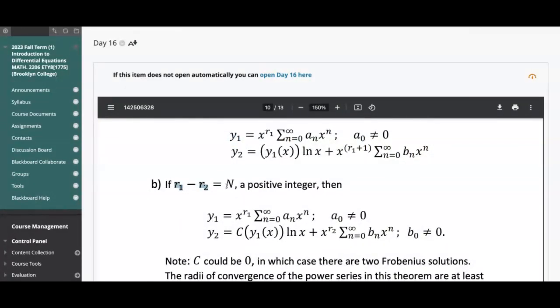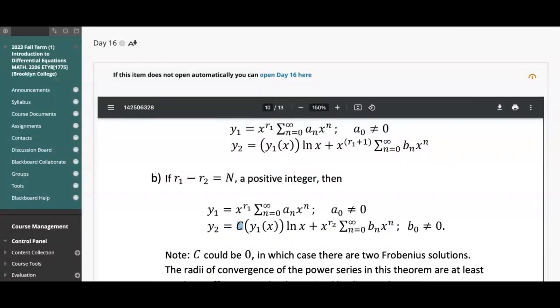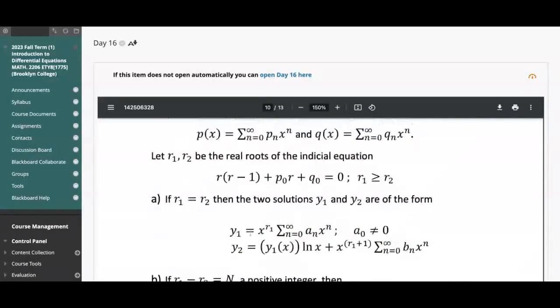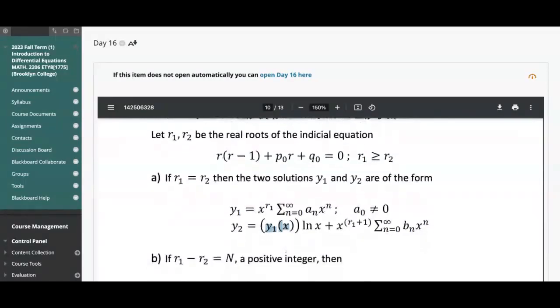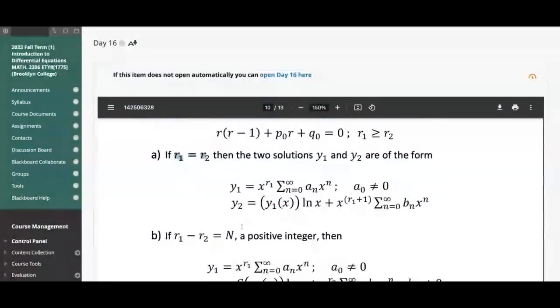So if R1 and R2 differ by a positive integer, a counting number, Y1 is still this, and now Y2 differs from the previous one, it has this scalar. Because in the first case, there's no scalar in front of y1 of x. That's when R1 equals R2.